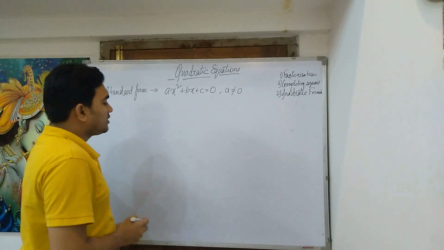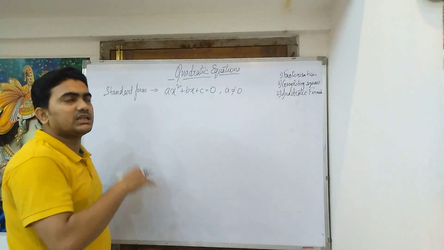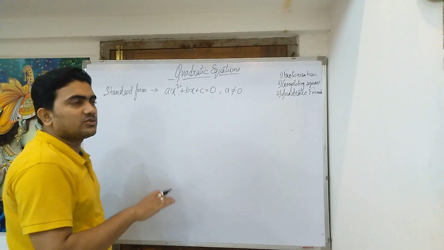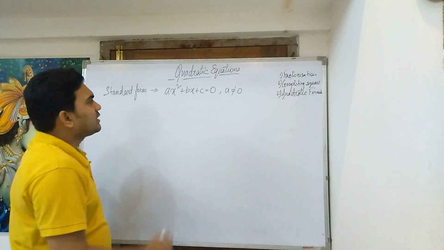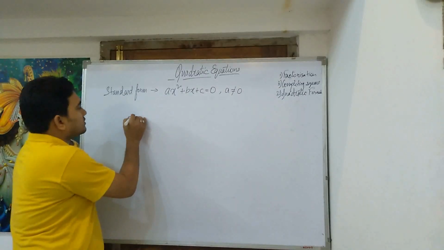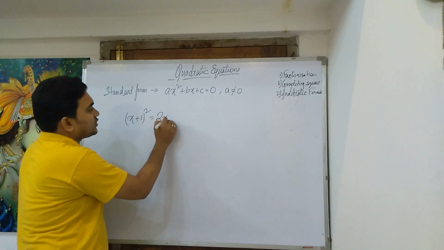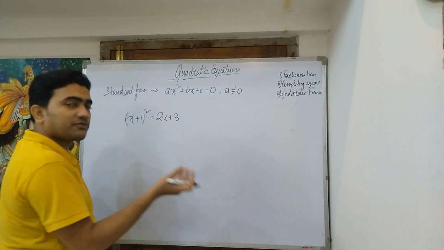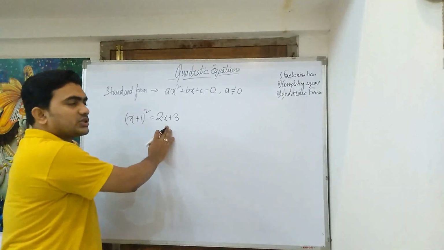So first of all, let us see that if you are given a certain equation, is it going to be quadratic or not, as asked in the first exercise. Let us take an example where suppose you are given x plus 1 whole square equals to 2x plus 3. So you have to check whether this equation is a quadratic equation or not.